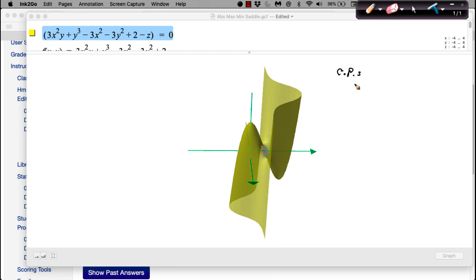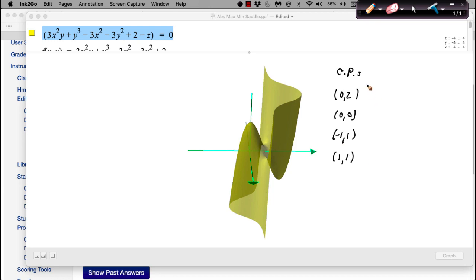So what were the 4 critical points again? Shout them out. 0, 2? 0, 0? Negative 1, 1? And 1, 1?